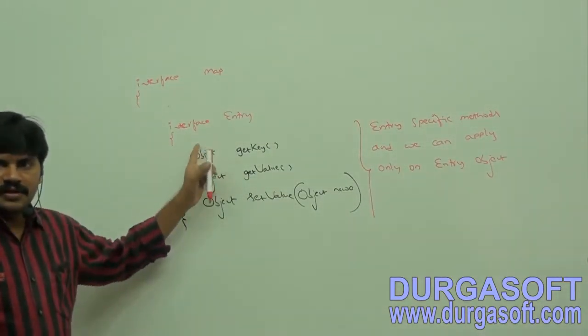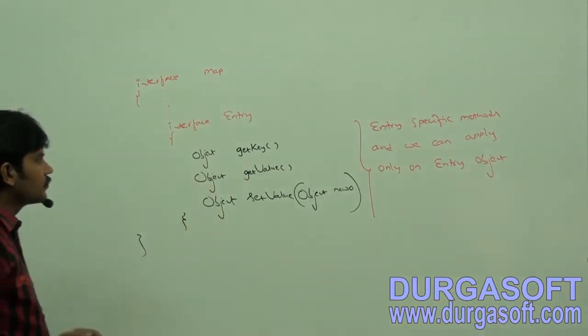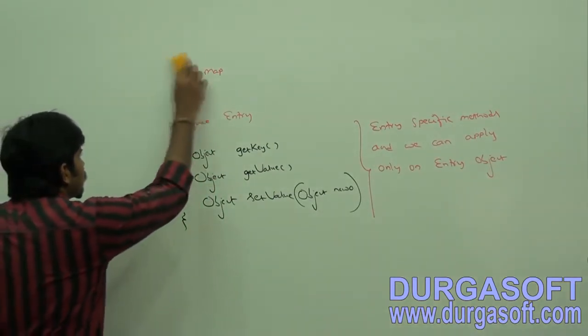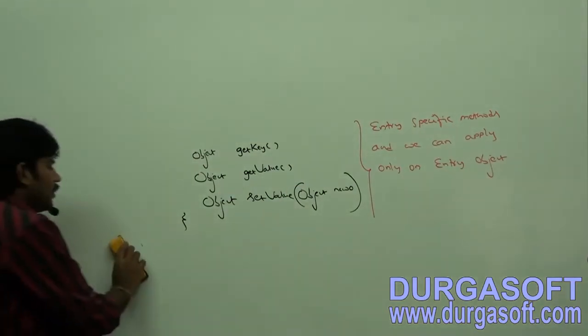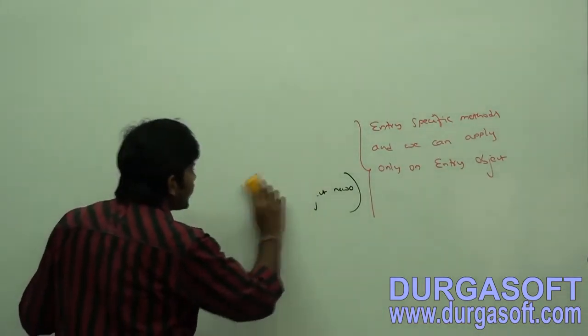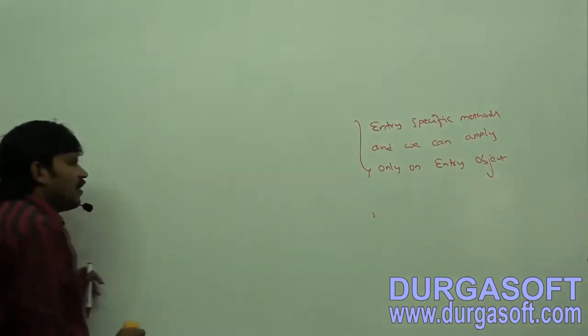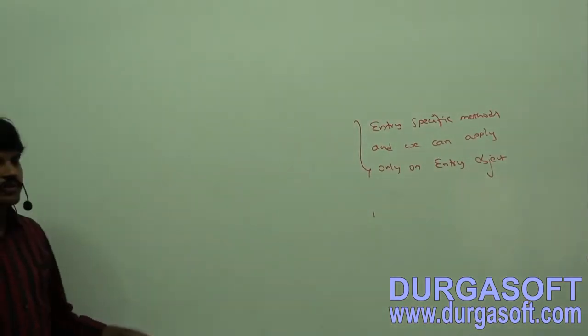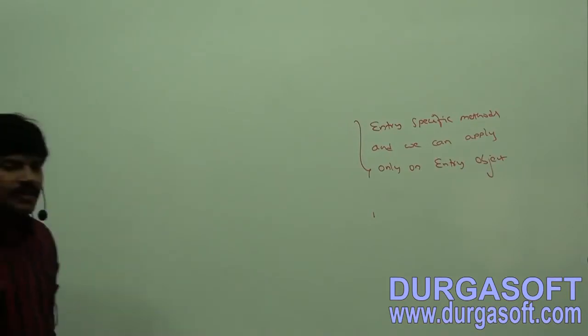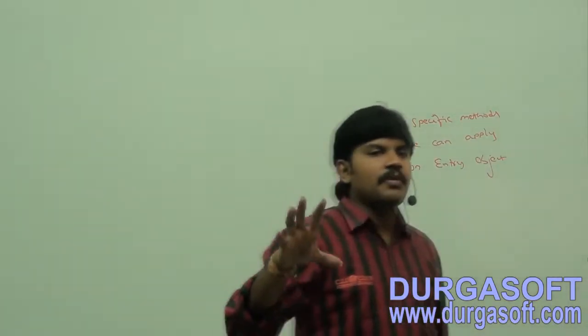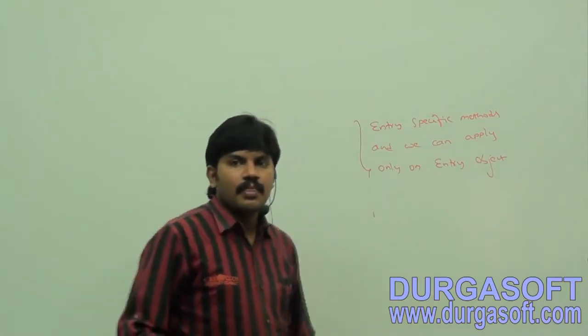I hope that's completed, right? Okay. Now, these methods, where we can apply them, all relate to the Map. So Map specific methods are nothing but these methods. Now, can you tell what is the first implementation class of Map?